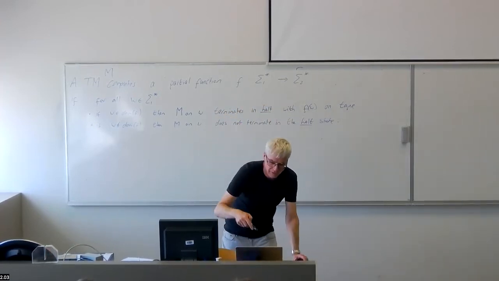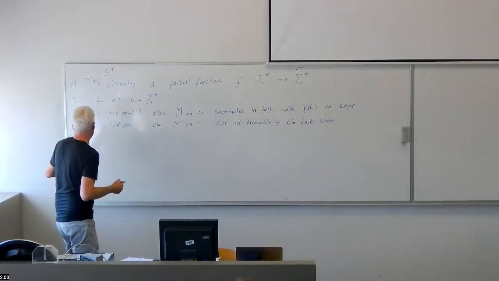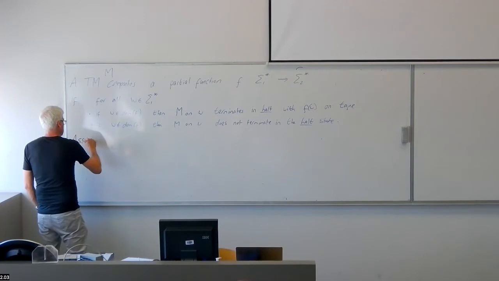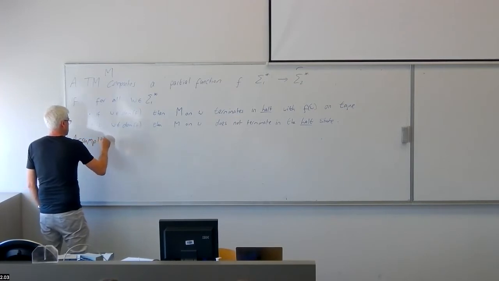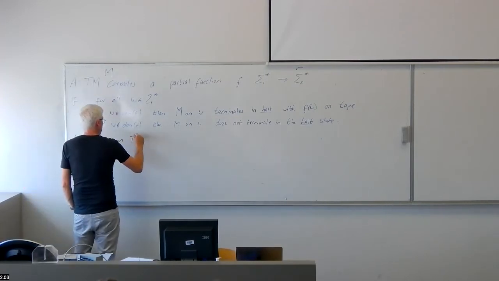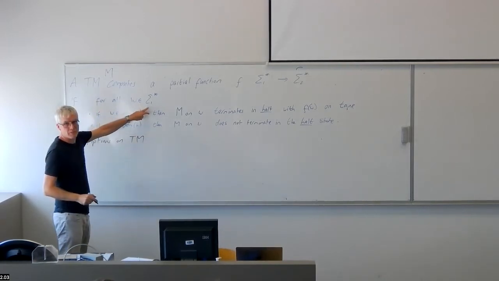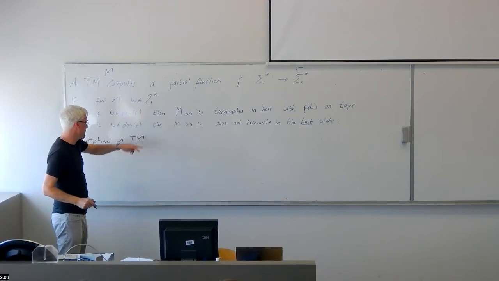There are slightly different assumptions on the Turing machine, because now the Turing machine needs to have both the alphabet sigma 1 and sigma 2 on its tape language.